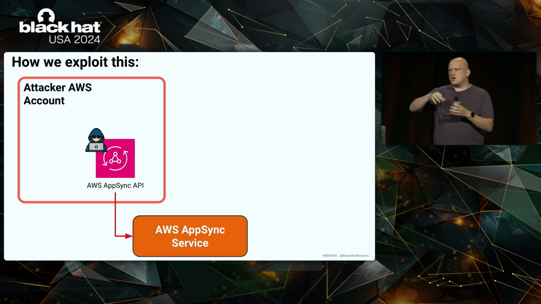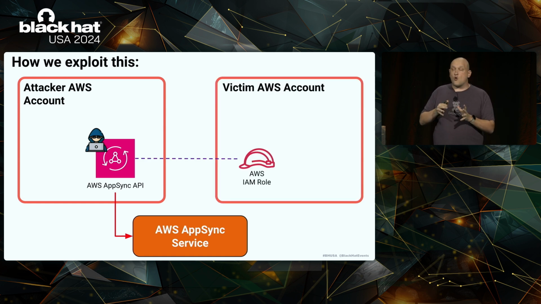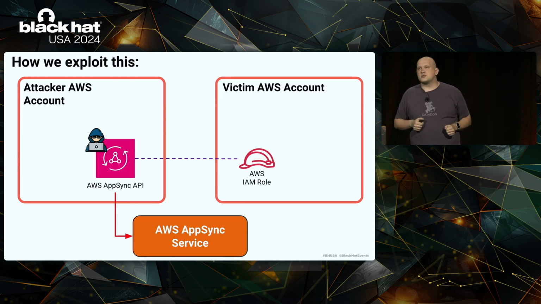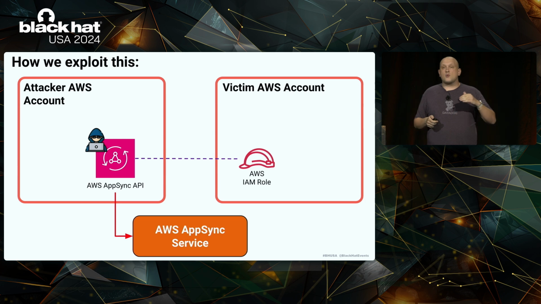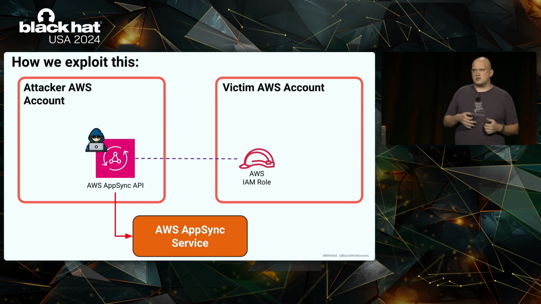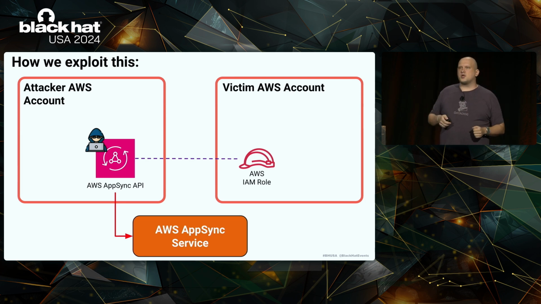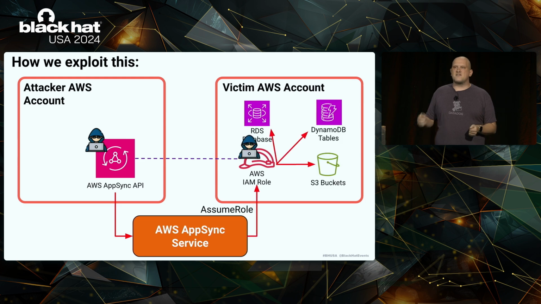We'd set the schema, configure it, and so on, determine what API call we wanted to make. We would then perform that pass role bypass to specify the role in the victim account that we wanted to assume. And then finally, we would run our API. Under normal circumstances, the AppSync service would assume the role in our account. But because of this vulnerability, it instead assumes the role in the victim account and carries out whatever API operation we want it to perform.